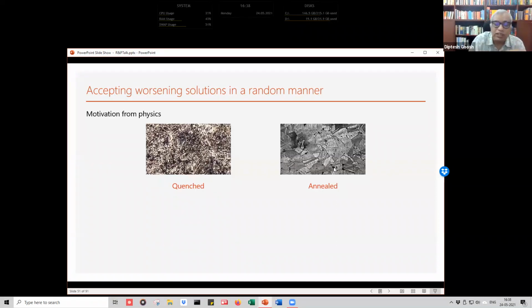So in other words, the crystals that you're getting out here are not very well formed, or the crystals that you're getting out here are much more well formed. And if you look at it from the point of view of an optimization algorithm, you'll say that these are bad quality solutions while these are good quality solutions.